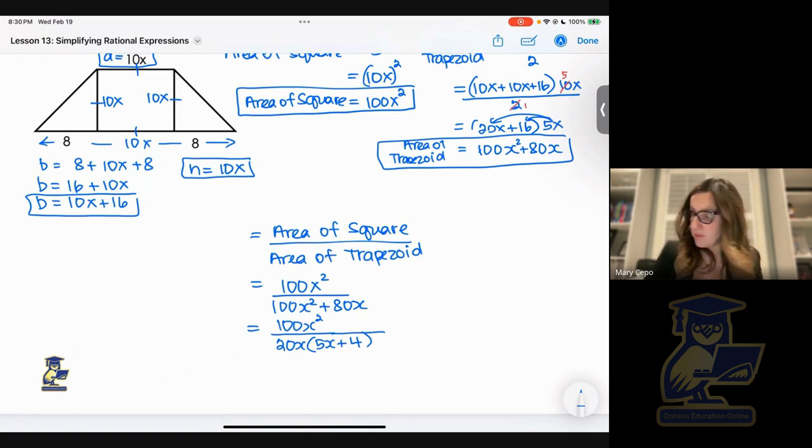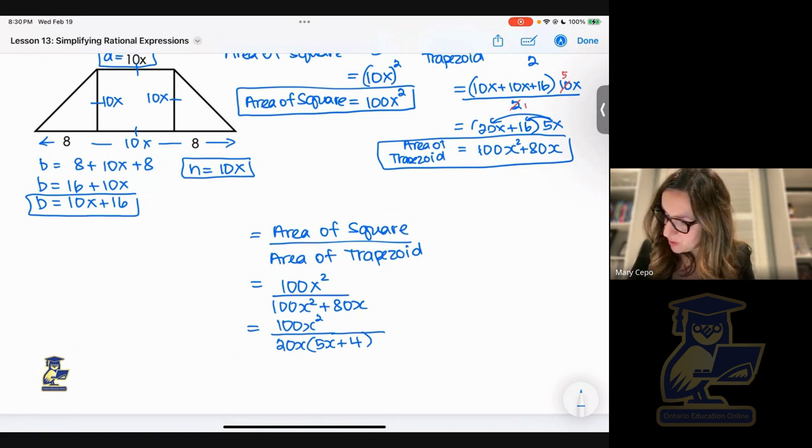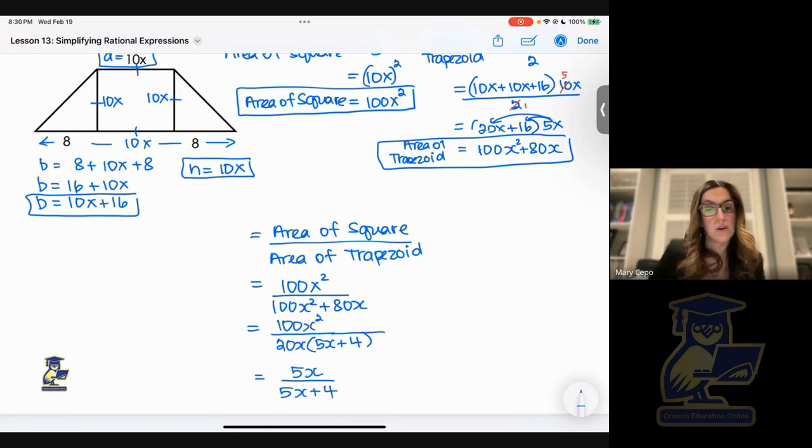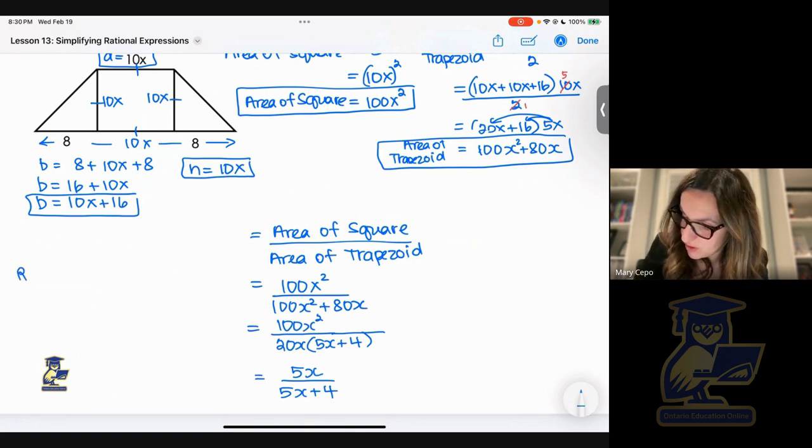Fully simplifying, we can take 100 divided by 20, which is 5. x squared divided by x is simply x. So it's 5x over 5x plus 4. Now, of course, if you notice, we have 2 points where we have restrictions. Anytime there's a variable in the denominator, we know we have a restriction.